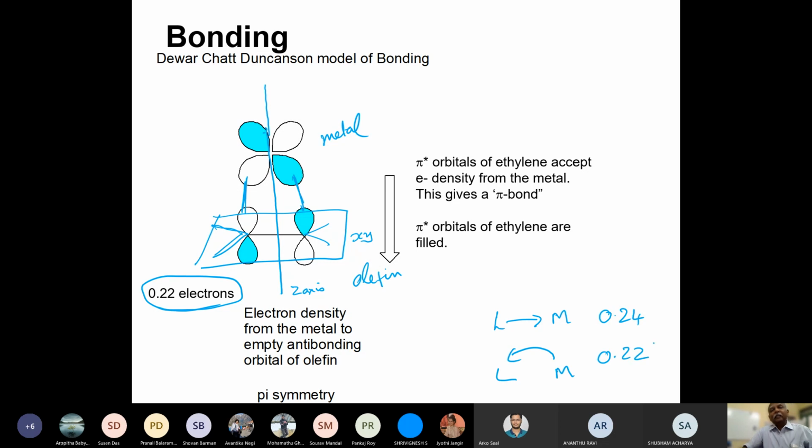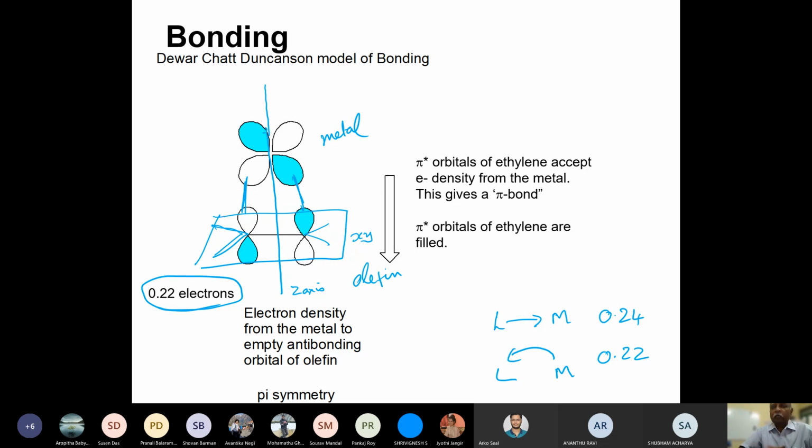You can see that the net interaction is kind of electroneutral, which means that there is a give and take of electrons. As a result, the metal neither gains electron density significantly nor loses electron density significantly. And that is why this happens to be a synergistic interaction. The more the ligand pushes electron density into the metal, the more the metal will push electron density back into the ligand. What is this going to do?